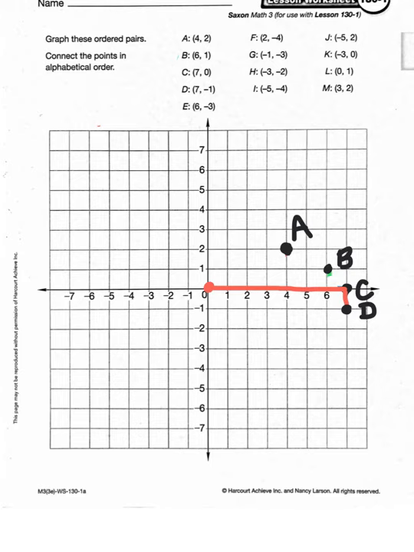Now let's look at point E. Let's graph our ordered pair for E. Remember, we're going to always start at the origin. Let's do 6, negative 3. It says positive 6 for the x coordinate. So we go 1, 2, 3, 4, 5, 6. And then for the y coordinate, it says negative 3. Does that mean go up or down?